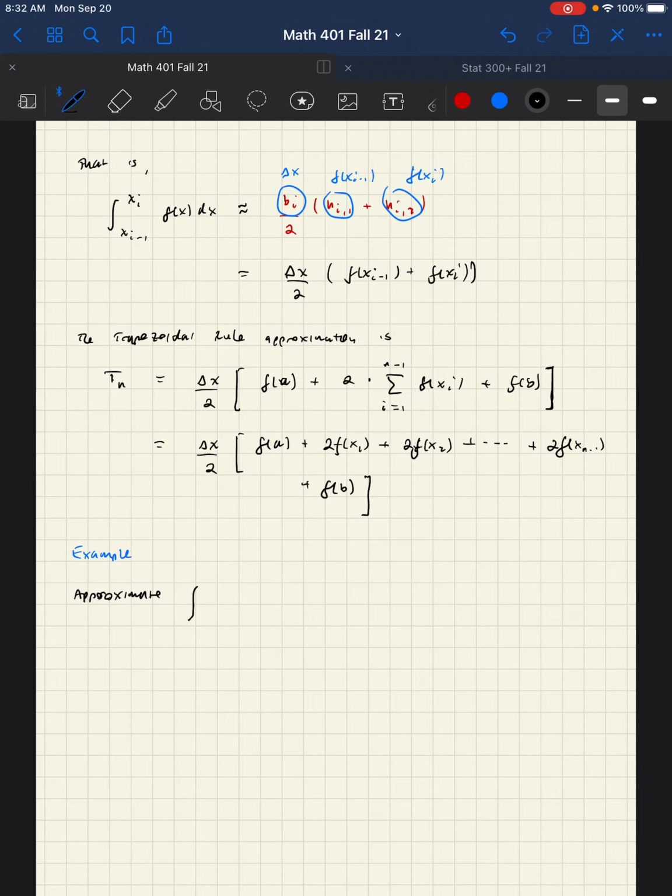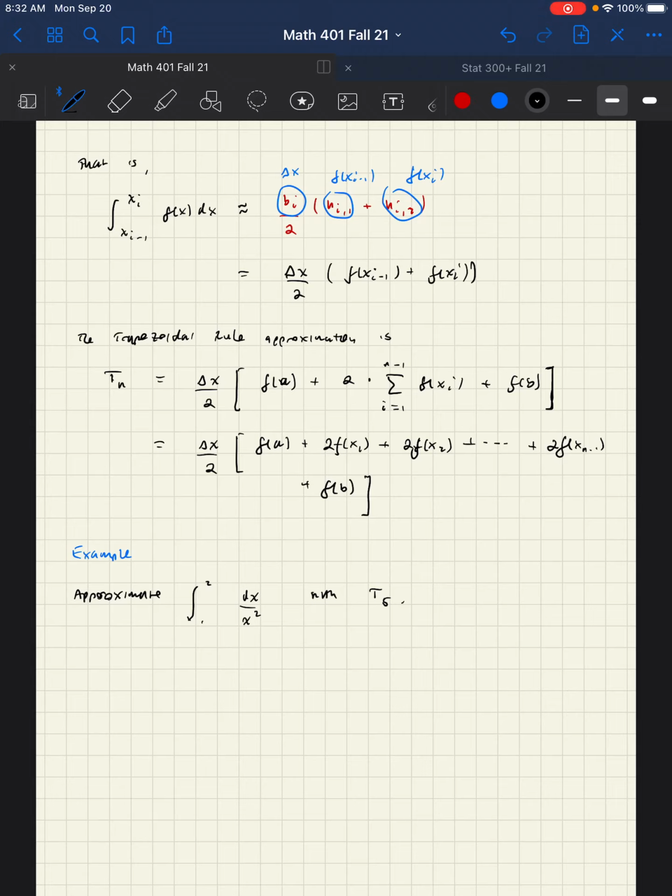So once again, we're going to approximate the integral from 1 to 2 of dx over x squared. This time we're going to use the trapezoidal rule using 5 subintervals. And then we'll calculate the error as well.